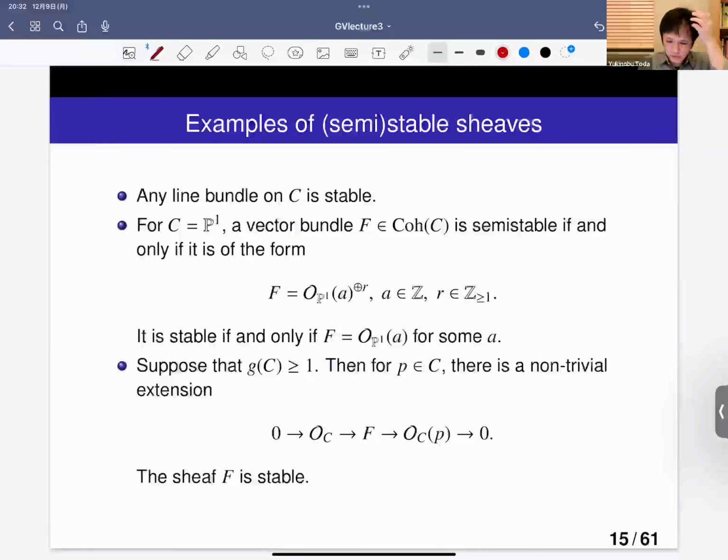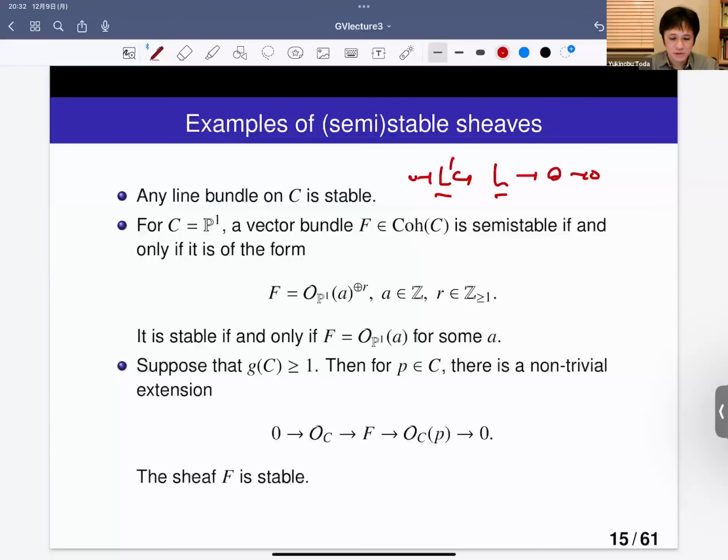So here are the examples of semistable sheaves. Of course, any line bundle on C is stable, because if F is a line bundle, then for each subsheaf, this is also again a line bundle. So the ranks are the same, but the degrees are decreasing. So it must always be stable.